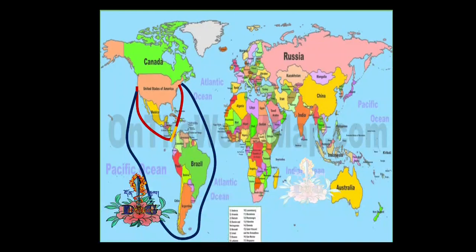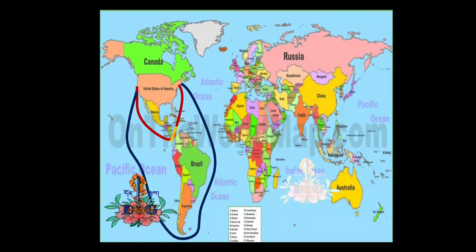If we look at the red line, I have made a yellow line. That yellow line indicates the Panama Canal, which connects the Atlantic Ocean in the east and the Pacific Ocean in the south.